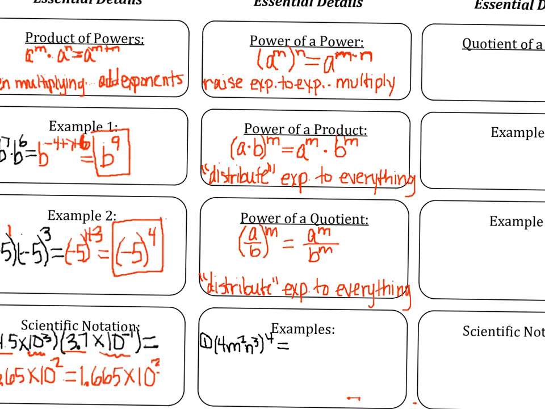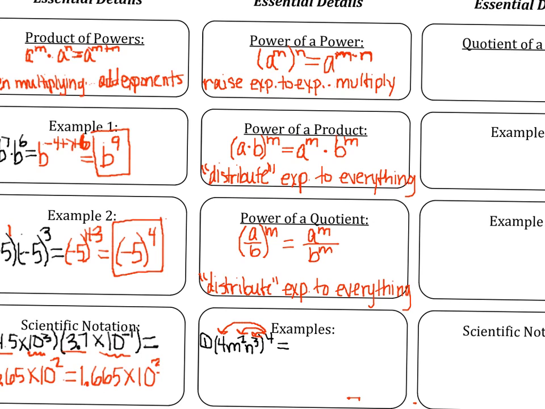We want to simplify this, and to do that, we're going to have to use a couple of different rules. The first rule is our power of a product, where we give that exponent of 4 to everything. I'm going to give the 4 to the 4, the 4 to the m squared, and the 4 to the n to the 3.